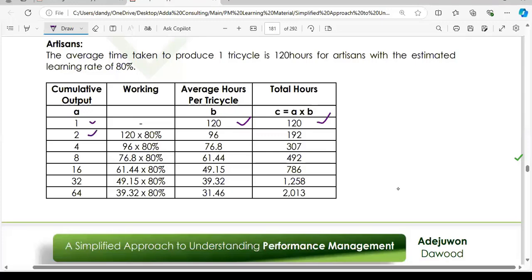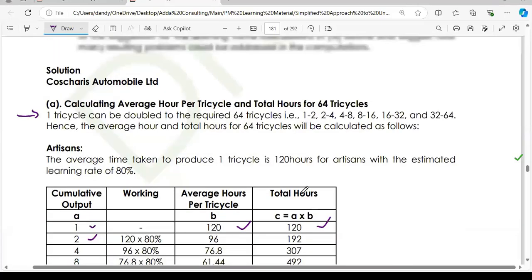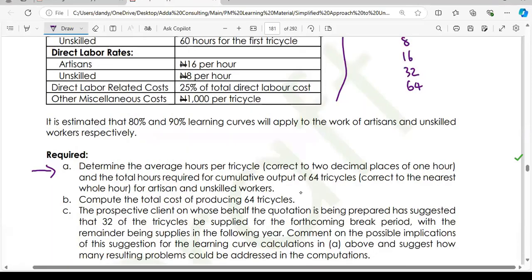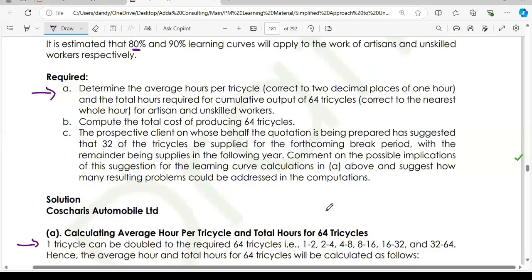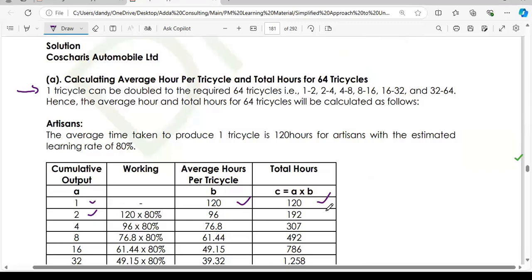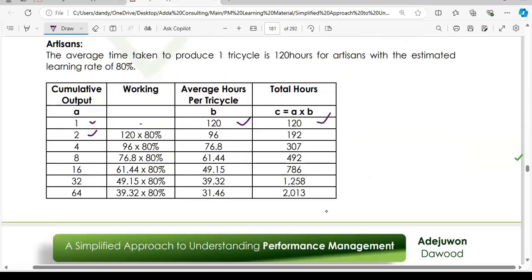Then, the examiner has told us that the learning rate for artisan is 80%. If the learning rate for artisan is 80%, it means that the company has gained 20% experience. Therefore, 120 multiplied by 80% will give us 96. 96 multiplied by 2 will give us 192.